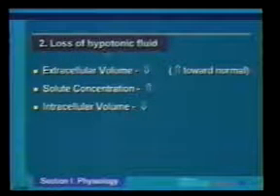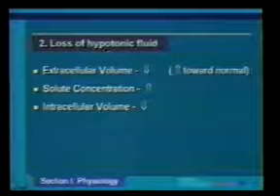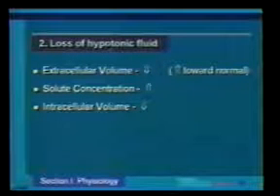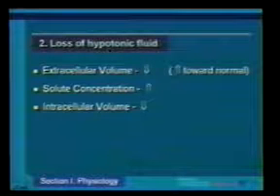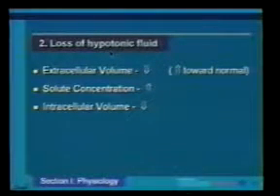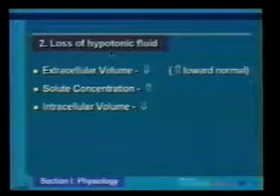Going into this question, you have to know that sweat is hypotonic fluid. Another good example of this situation is diabetes insipidus. In diabetes insipidus, you're losing a large volume of dilute urine. Qualitatively, the consequences are the same as sweating.